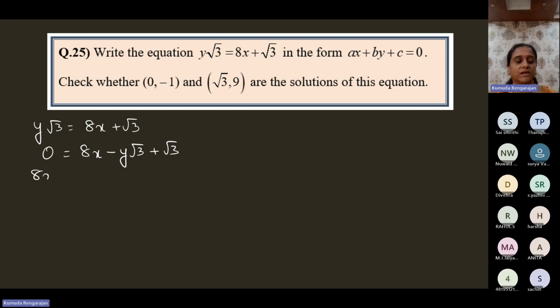So 8x minus, I'll write this y root 3 as root 3y, children. We'll put the y in the end, root 3y. Plus root 3 is equal to 0.